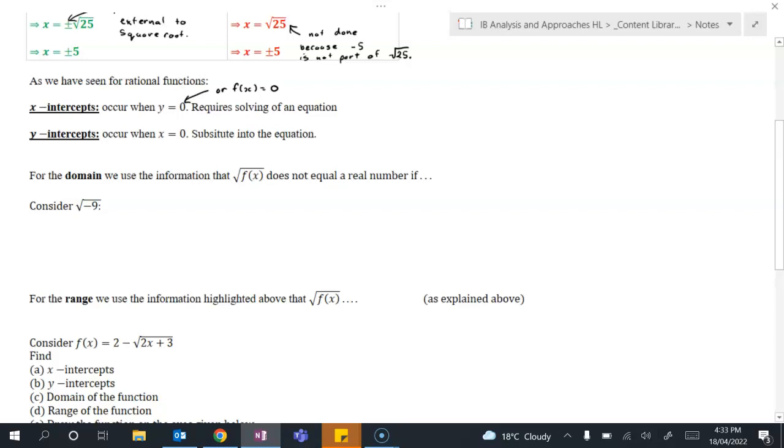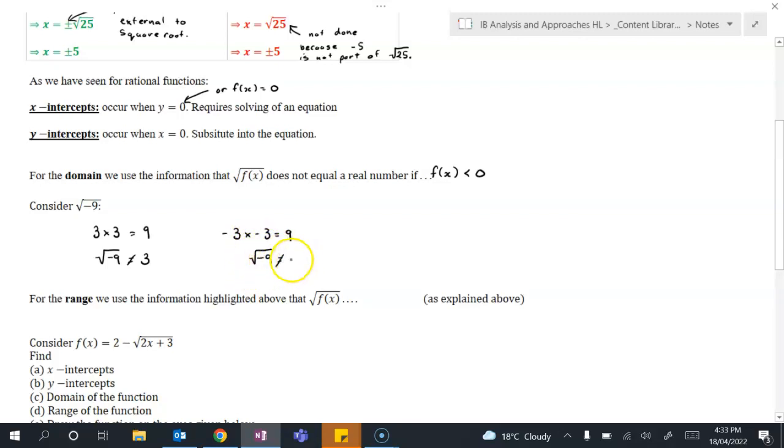Okay, now if we're thinking about the domain, we use the information that the square root of f of x does not equal a real number if f of x is less than 0. In other words, we can't take the square roots of negatives. For example, if we think about the square root of negative 9, well, 3 times 3 is equal to 9, so the square root of negative 9 can't equal 3. And minus 3 times minus 3 also equals positive 9, because two negatives multiply to give us a positive.